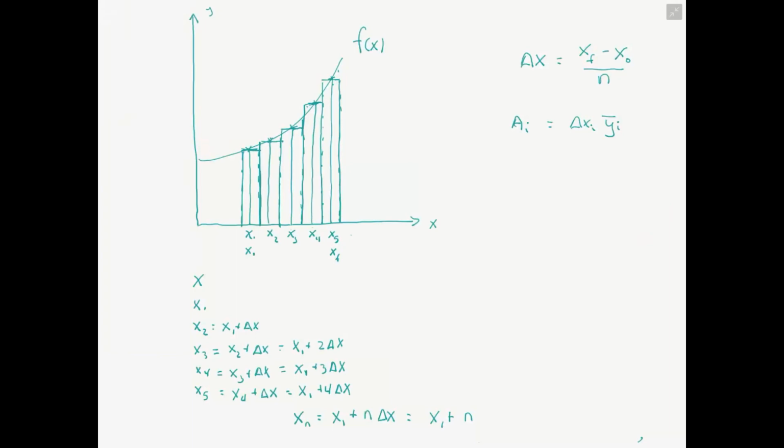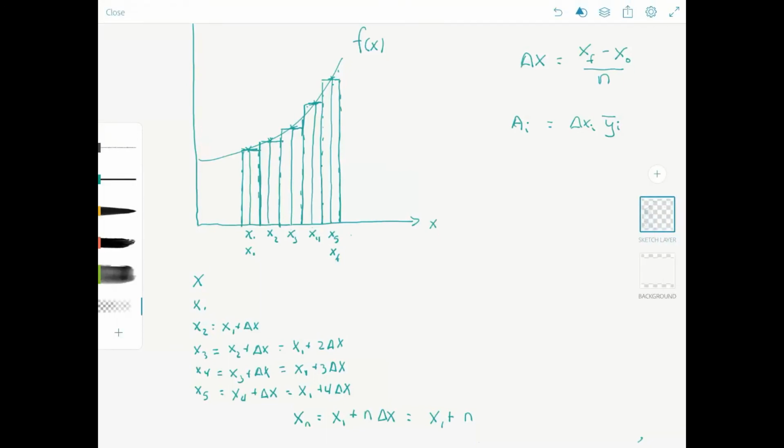And let's see how I had this all worked out.